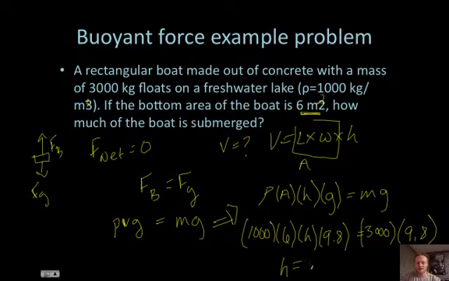And if you do that math, H should equal 0.5 meters. That's how much of the boat is submerged. 0.5 meters of it is below the water. If you were to put more stuff on the boat, it would probably be submerged more, because the weight of the boat would have changed, so the boat goes down. If you take stuff off the boat or have less people on the boat, its height would rise.